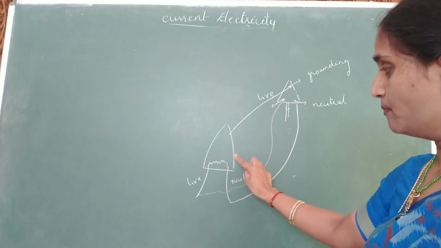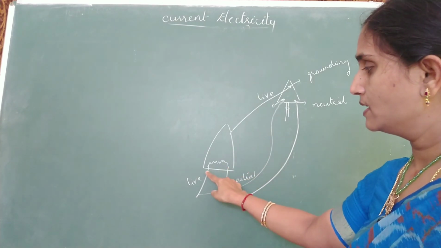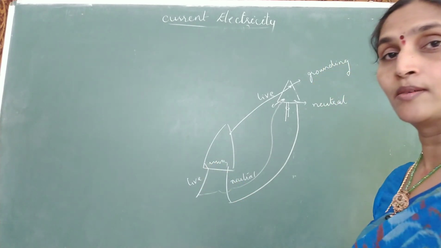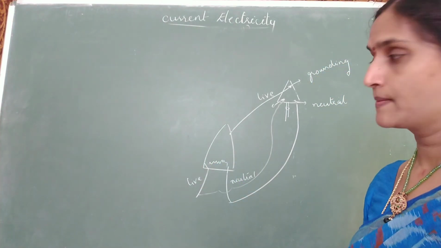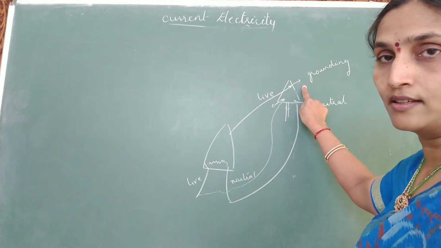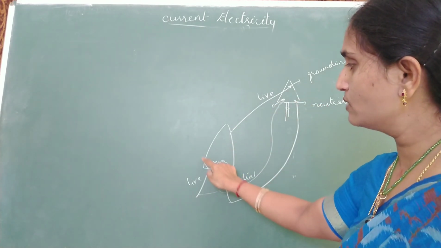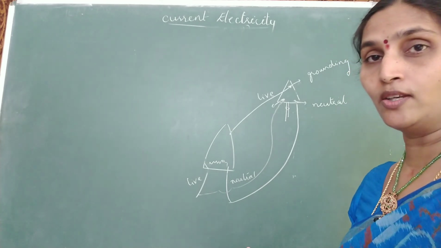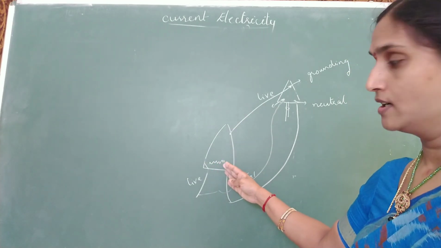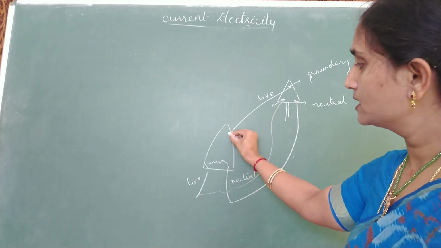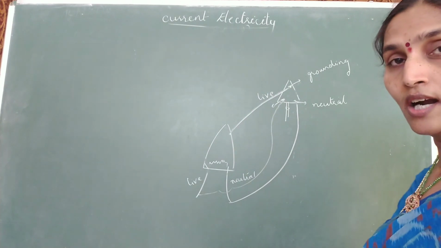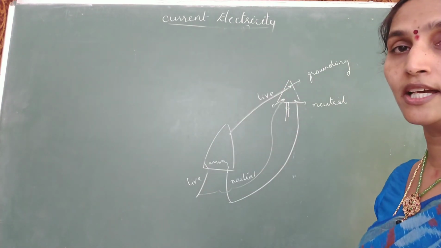See, by mistake, if at any time the live wire is cut and it comes in contact with the body of that particular device and you are holding it, if there is no earthing, this high voltage will pass through your body and you will be electrocuted or receive a very heavy shock. To avoid this, they connect this earthing wire, which is directly connected to the ground from the whole building.